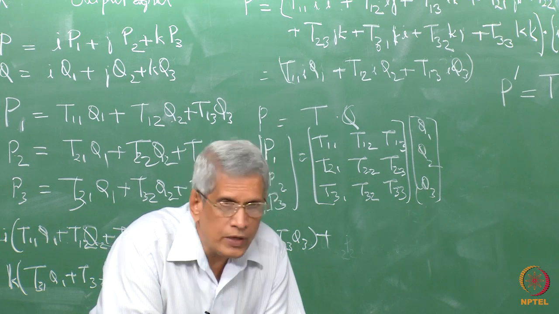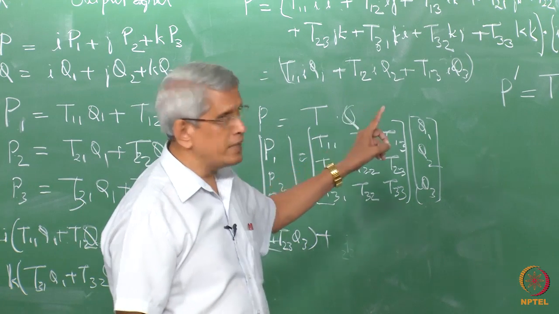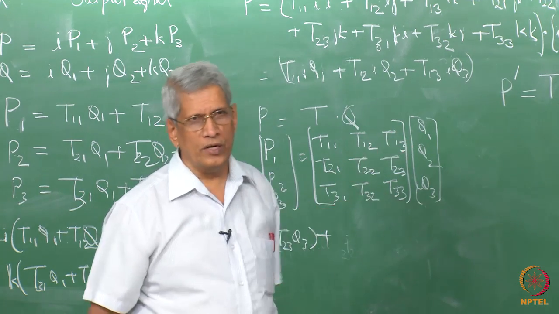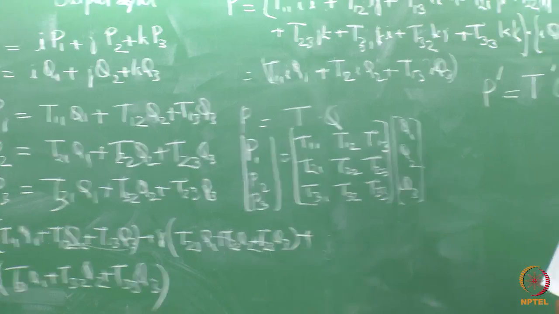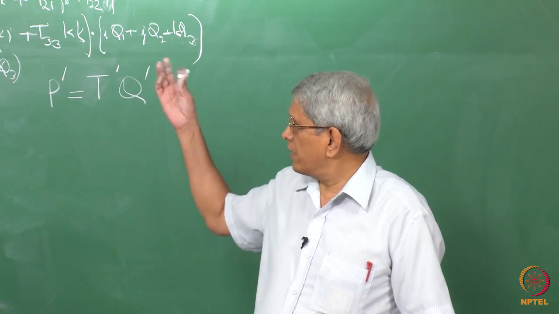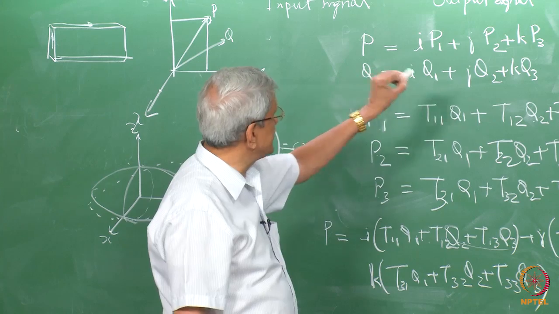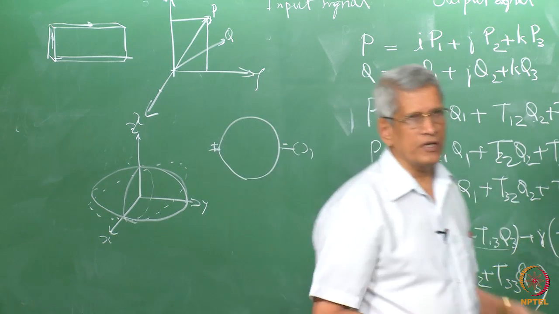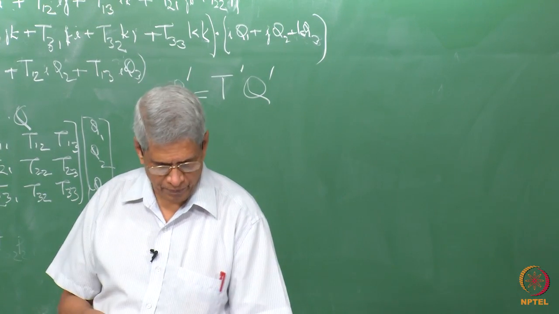Now we know the relationship between P and P dash, between the old and the new coordinate system. We also know it for Q. And how is it being done? Right at the beginning when we wrote about this, we mentioned that the unit vectors I, j, k also become corresponding vectors I dash, j dash and k dash in the new system.